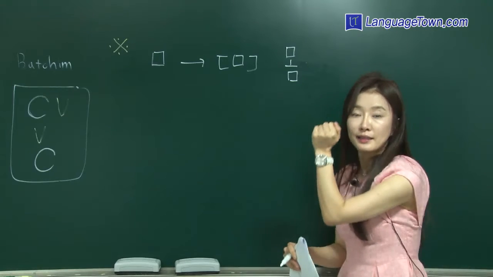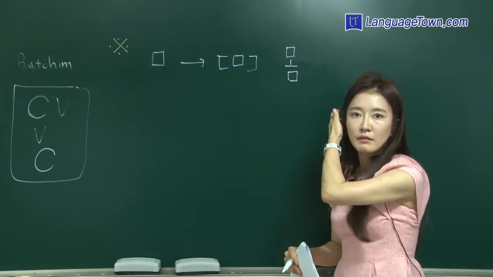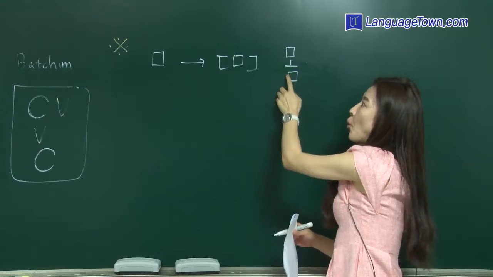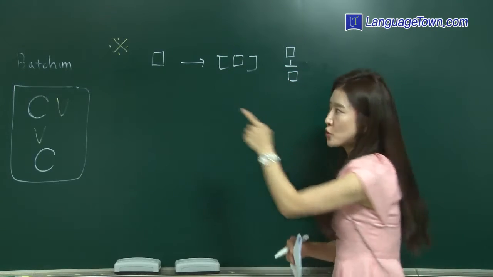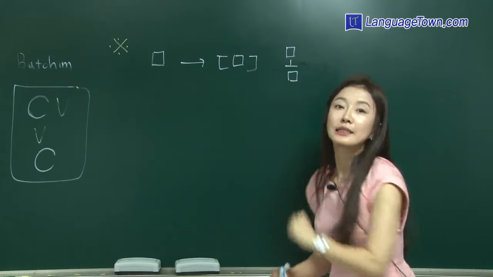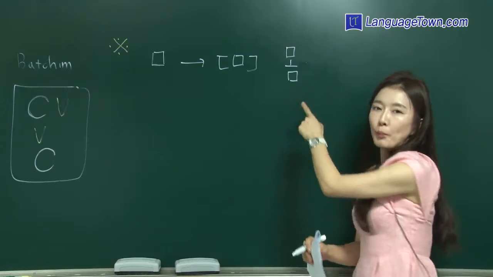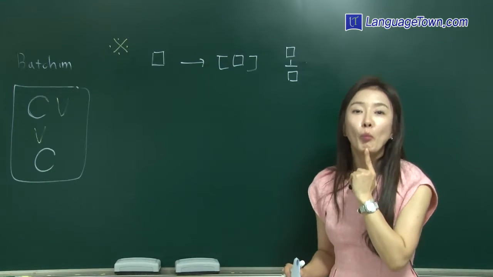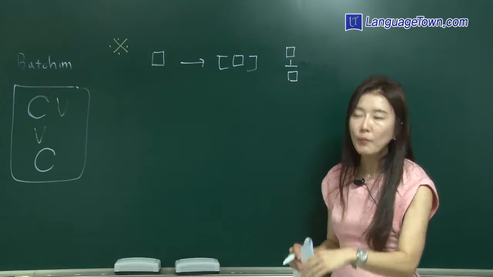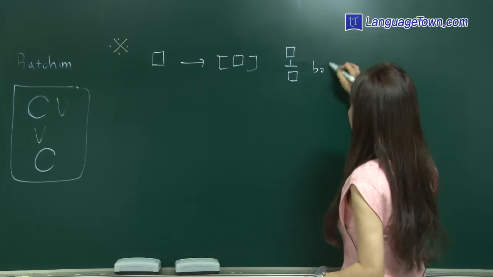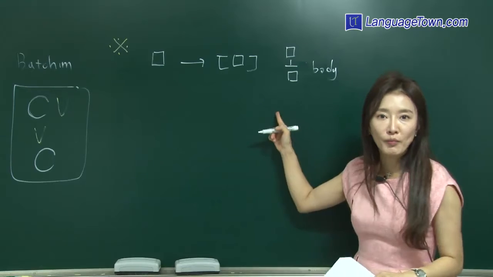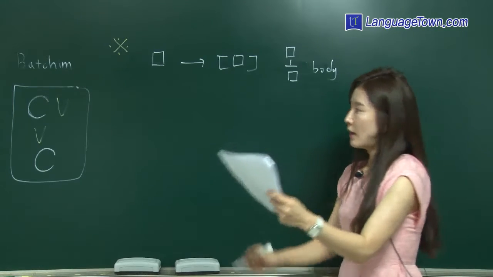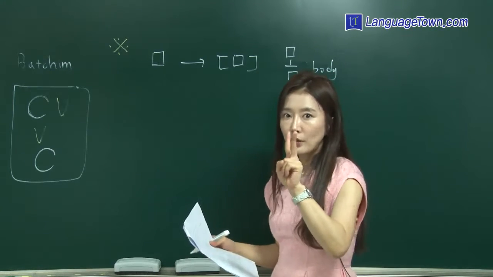How can you read this? Right. I told you this sounds like 몸. Good. 몸 is, yes, body. It's 몸. Good job. We only have two more. You're doing great.